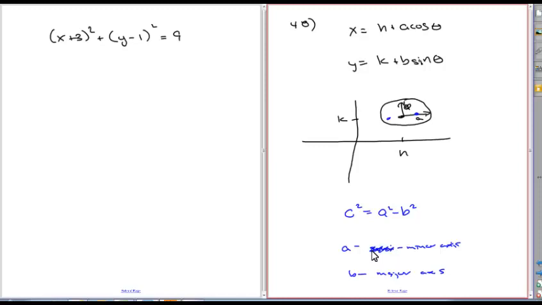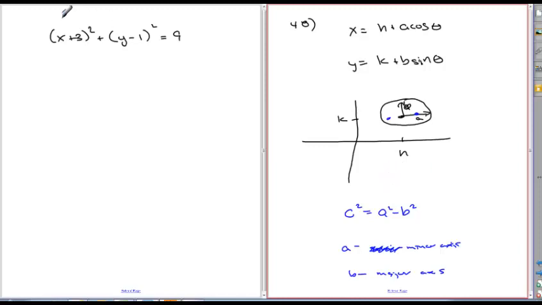Actually, it's not semi-major, it's just the minor axis and the major axis. Okay, and c is the focus. So what we're given here is c, and we're given a. So we have to calculate b from that.